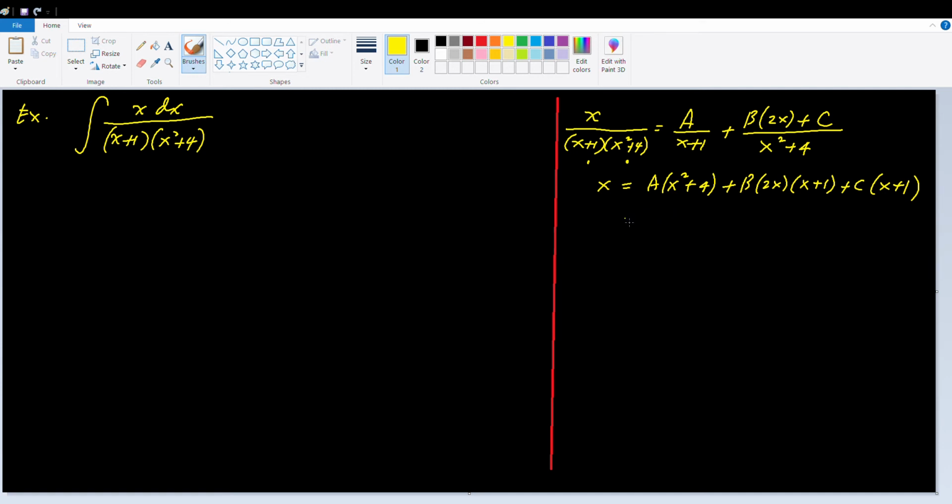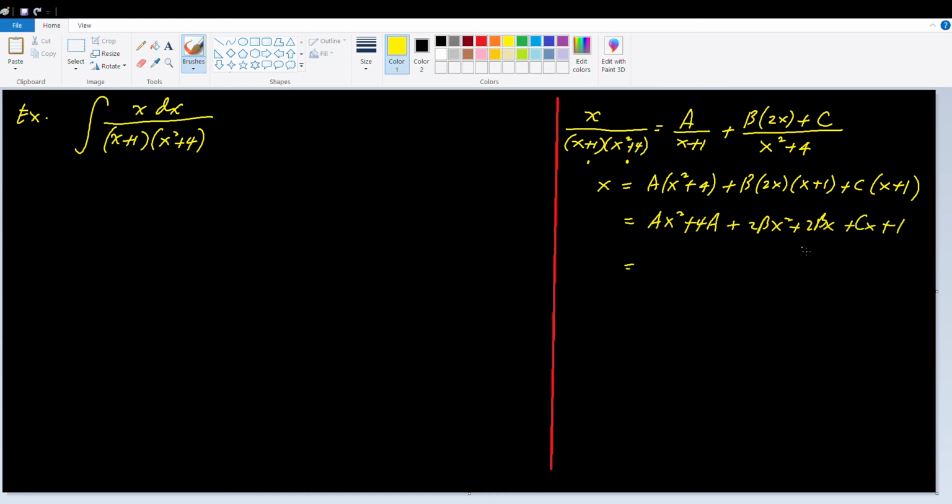So let us write the right side in the expanded form. Ax squared plus 4A plus 2Bx squared plus 2Bx plus Cx plus C.